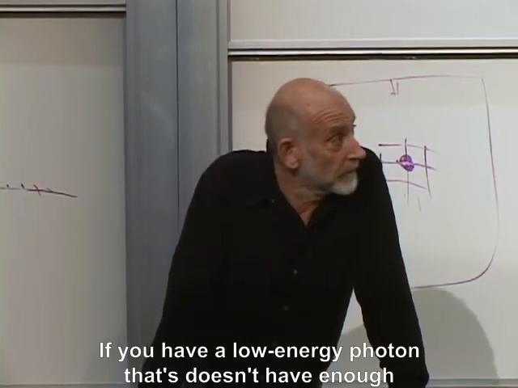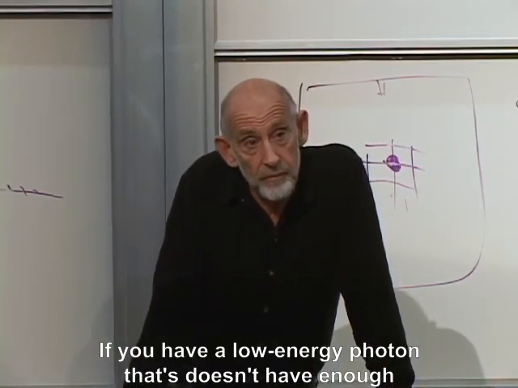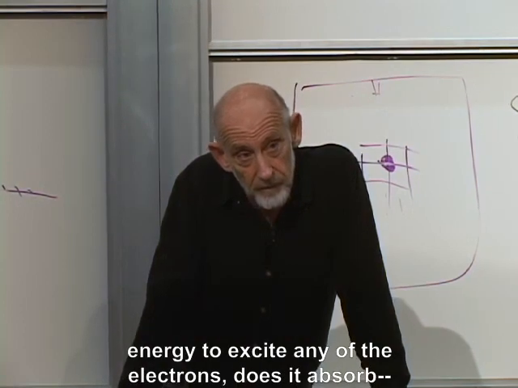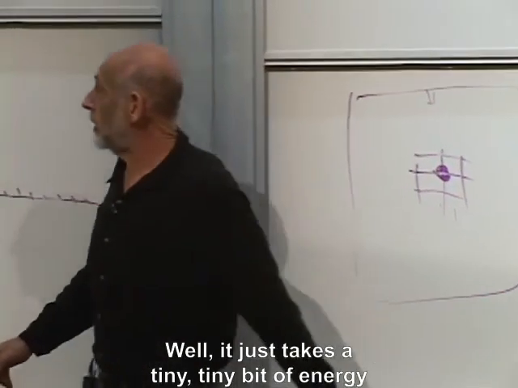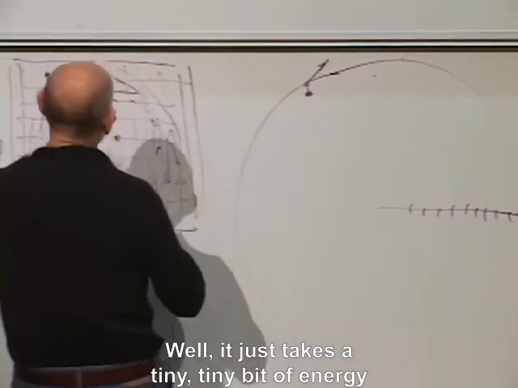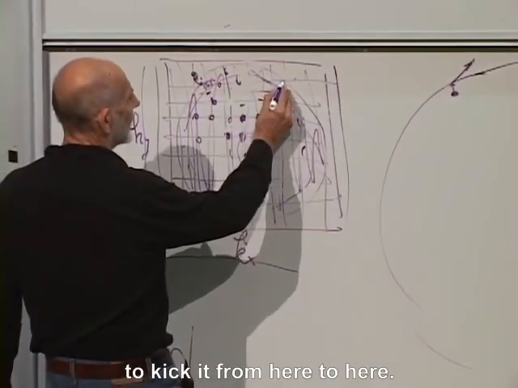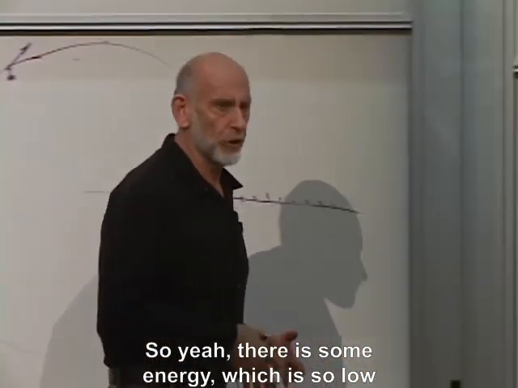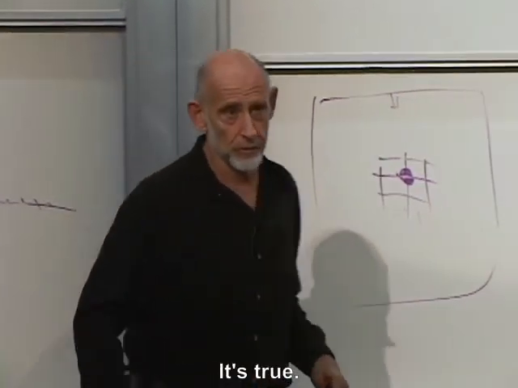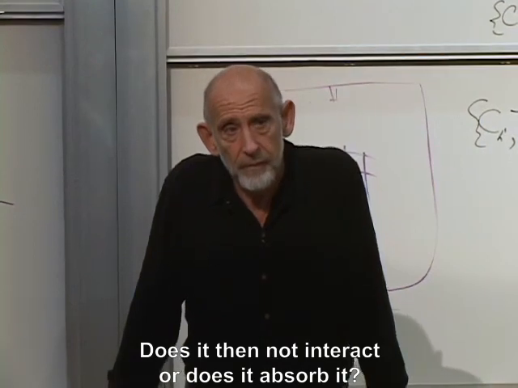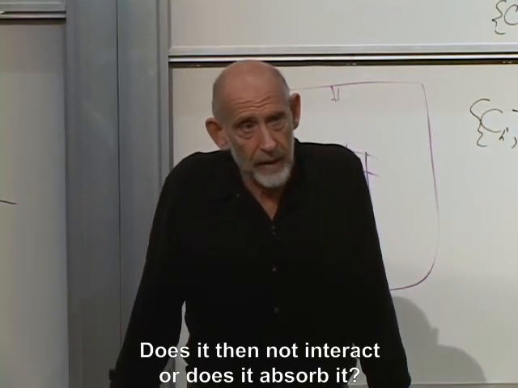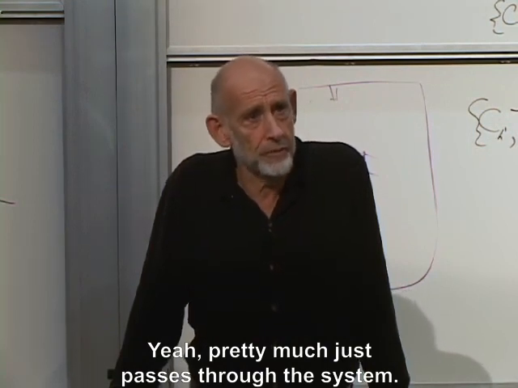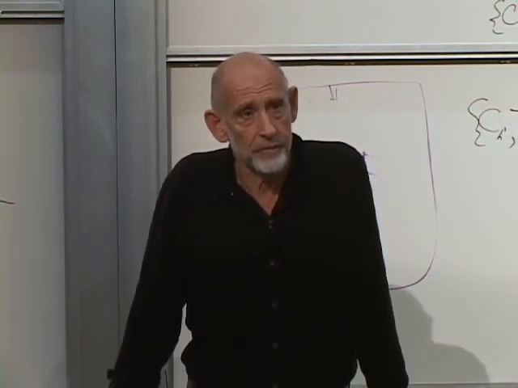If you have a low energy photon that doesn't have enough energy to excite any of the electrons, does it absorb? Well, it just takes a tiny bit of energy to kick it from here to here. So yeah, there is some energy which is so low that it can't do anything. Does it then not interact? Well, it pretty much just passes through the system.